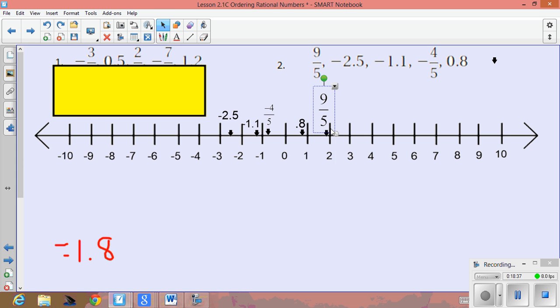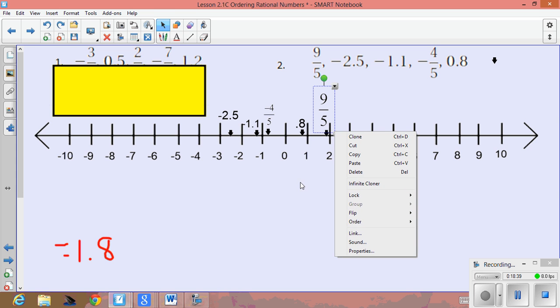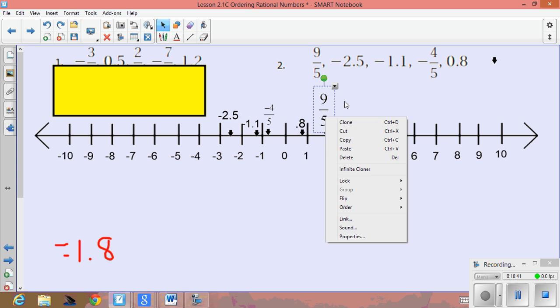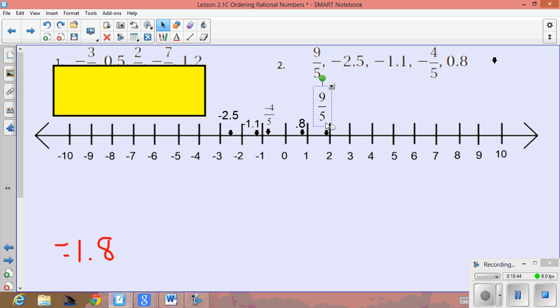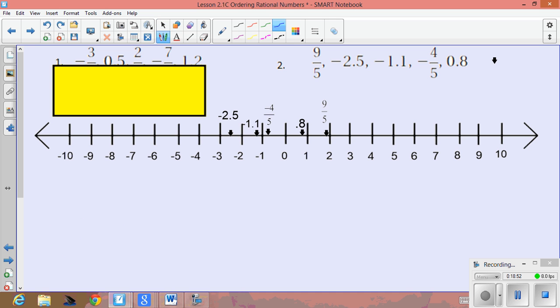All right, so on your papers, please be sure you draw a number line and order these. Make sure you show the division that we did. Okay, so there's your solution to number 2. And if we just rewrite this neatly from smallest to largest, just read across the number line. We have negative 2.5. We have negative 1.1.